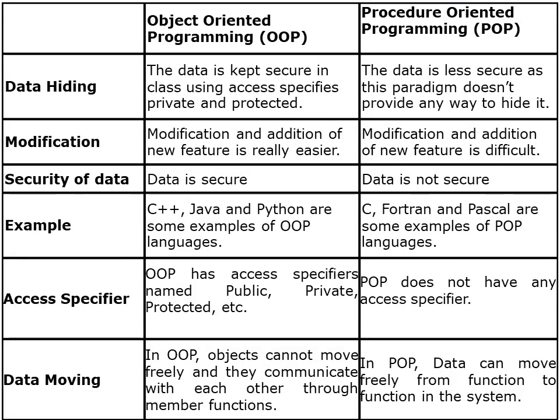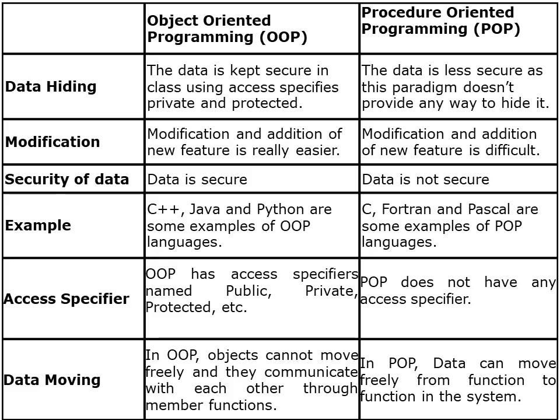Sixth, data hiding. In object-oriented programming, there is a concept of encapsulation, whereby data is secured and cannot be accessed by the outside world. In procedure-oriented programming, there is no concept of encapsulation. Also, data is global, and so data is not hidden and flows freely around the system. Seventh, modification.